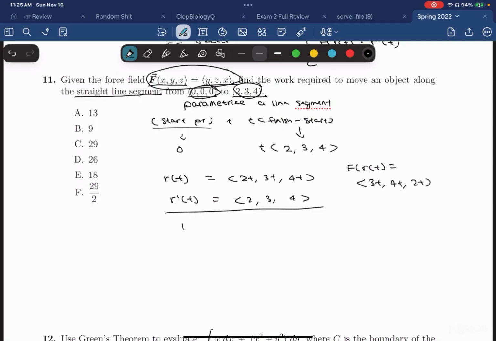So now F dotted with r prime of t will be equal to 6t plus 12t plus 8t, which gets you the answer 26t.